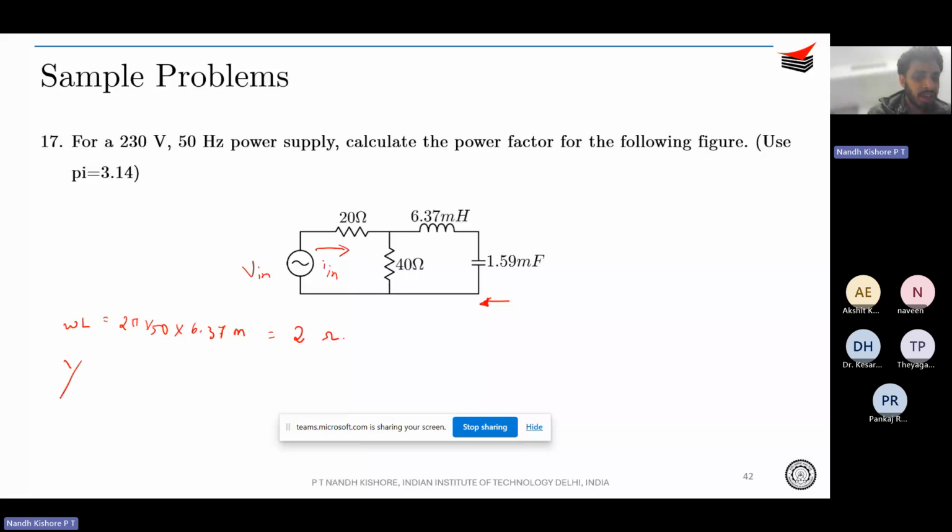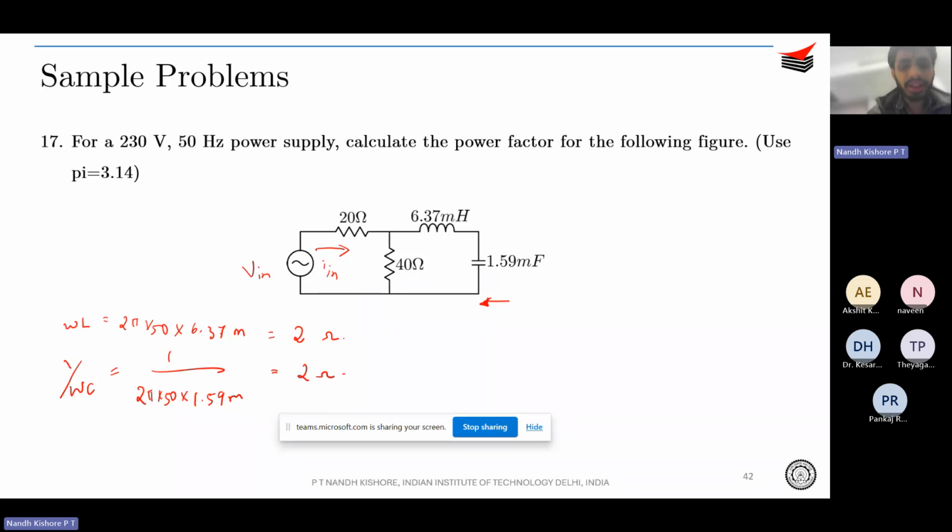And your 1 by omega C will be 1 by 2 pi into 50 into 1.59 milli, which will again be equal to 2 ohms.